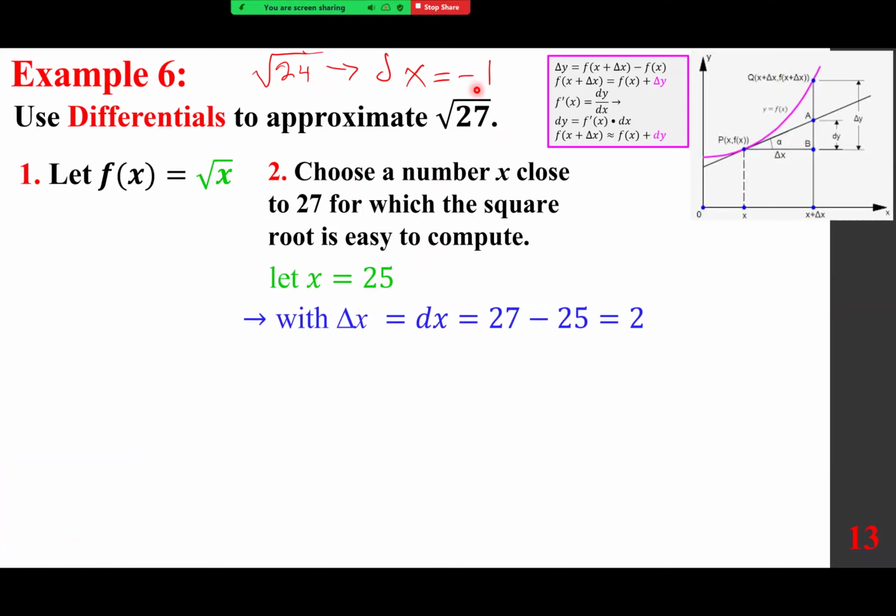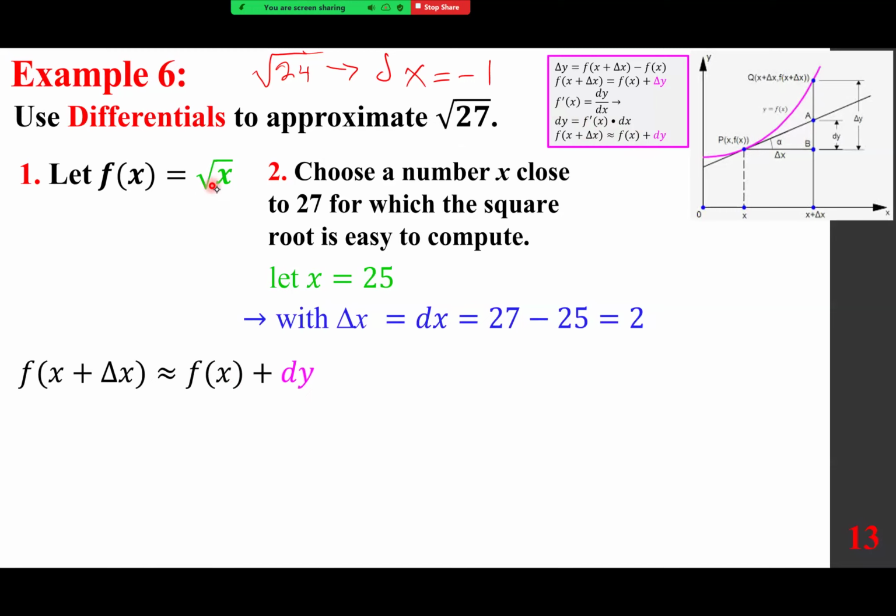We don't know it, but this indicates it must be less than that. So with that being the case, we need to find f of x plus delta x, which is f of x plus dy. We have f of x, dy is missing, and dy is f prime of x dx, so we need to find f prime of x.